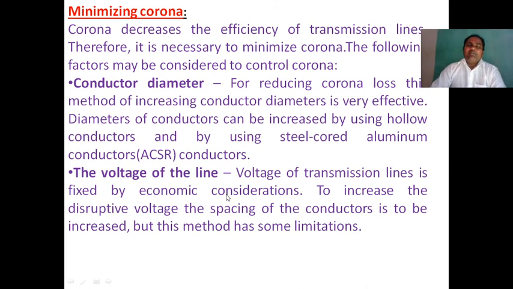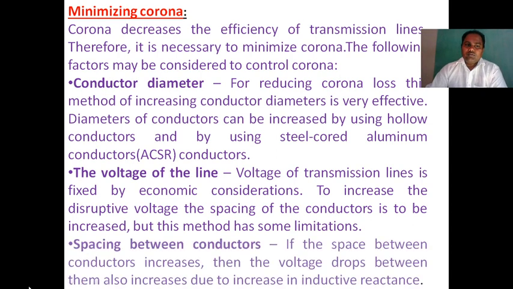If the supply voltage decreases, definitely the corona loss also decreases, but that is not an economical consideration. Spacing between conductors: if the space between conductors increases, then the voltage drop between them also increases due to the increase in inductive reactance.